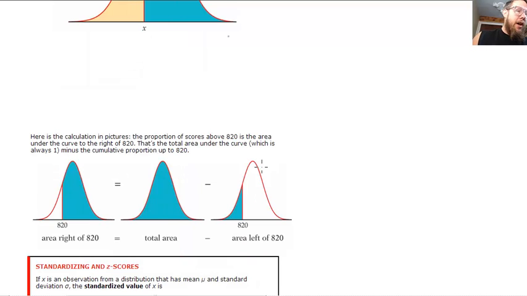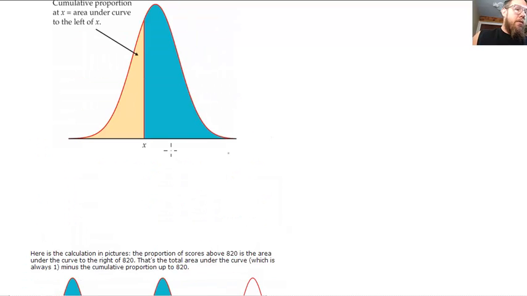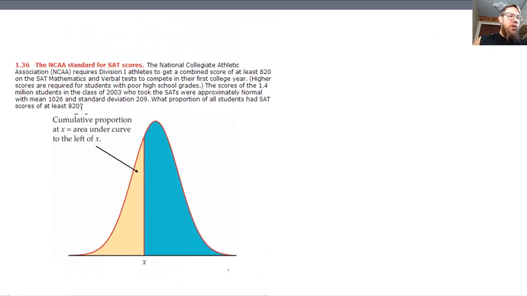So here's how we do that. We need to know a few things. One of the things we need to know about z-scores is that when we look up z-scores in our table, they're going to give us the value to the left, the proportion that falls below. In this case, we want the proportion that falls above, at least this score or higher. So this is a tricky problem to begin with because we need to know that fact.